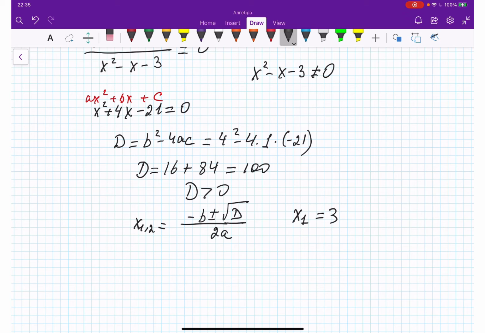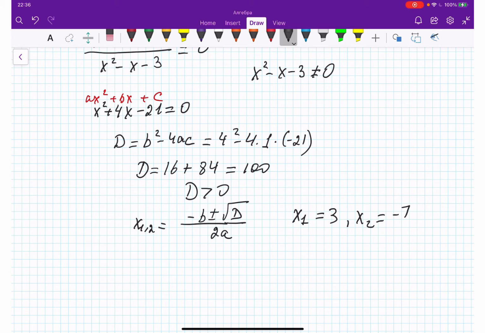I'm not going to take your time and solve it here again because I solved it in the previous video. I will mark down that video as part 1, and this will be part 2, so you can easily find where I solve a quadratic equation step by step using the discriminant. So x1 is 3, x2 is negative 7.